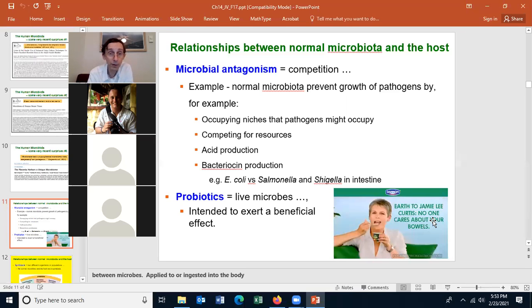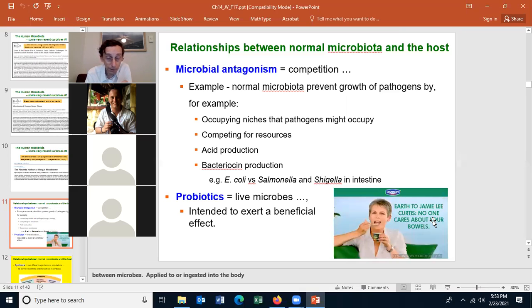And then the normal microbiota can produce bacteriocins that can prevent the growth of the pathogen. Most bacteriocins are proteins that the normal microbiota produces, and the bacteriocin acts like a very narrow spectrum antibiotic.